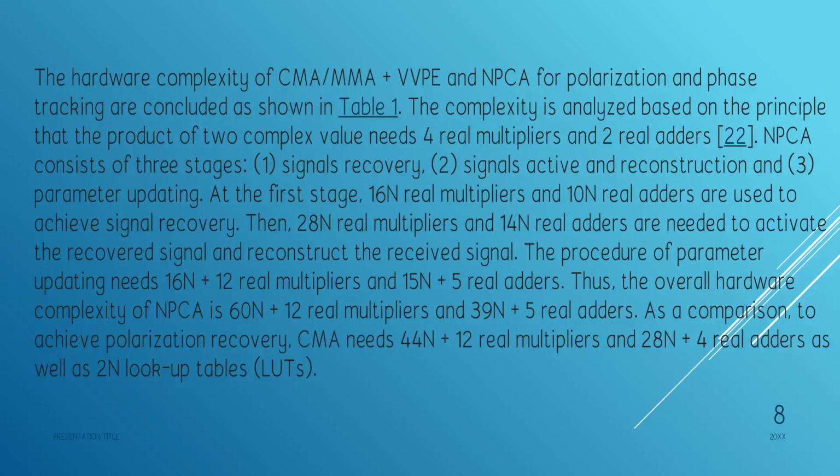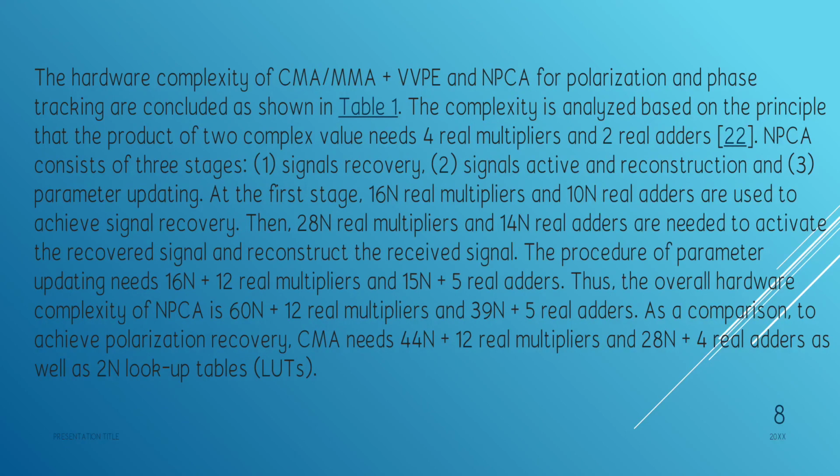The hardware complexity of CMA and MMA plus VVPE and NPCA for polarization and phase tracking is concluded as shown in table 1. The complexity is analyzed based on the principle that the product of two complex values needs 4 real multipliers and 2 real adders. NPCA consists of 3 stages: signal recovery, signal activation and reconstruction, and parameter updating.